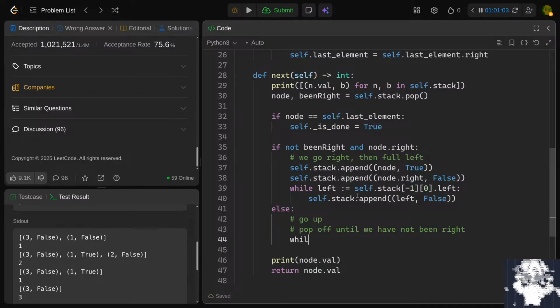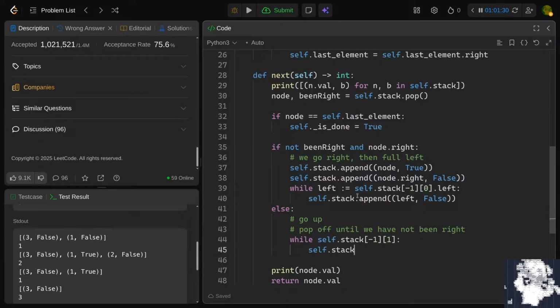So while self.stack, while the last thing in the stack, the 1 index, is whether we've been right. So while we have been right, because we want to go until we have not been right, self.stack.pop.